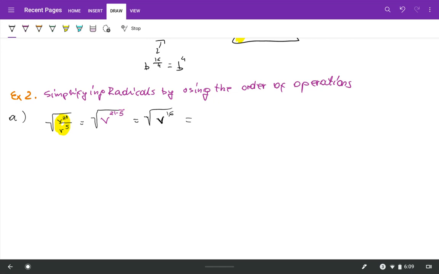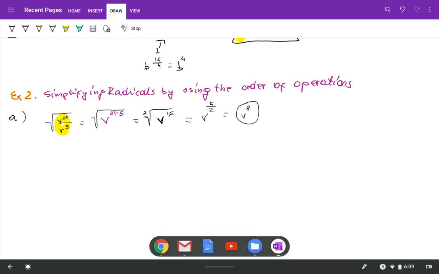And now don't forget that the index of a square root is 2, so this is the same as v to the power of 16 over 2, which is v to the power of 8. So that's the final answer. Now let's do more.